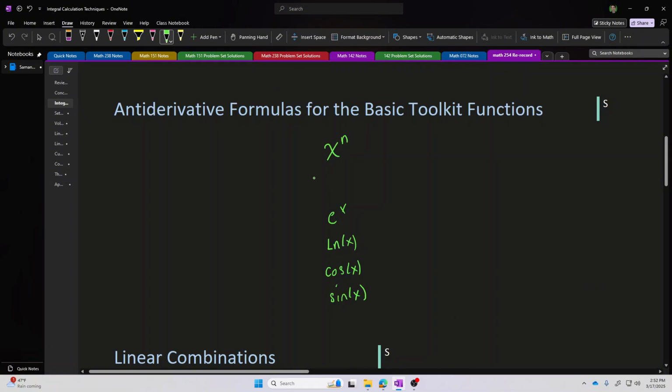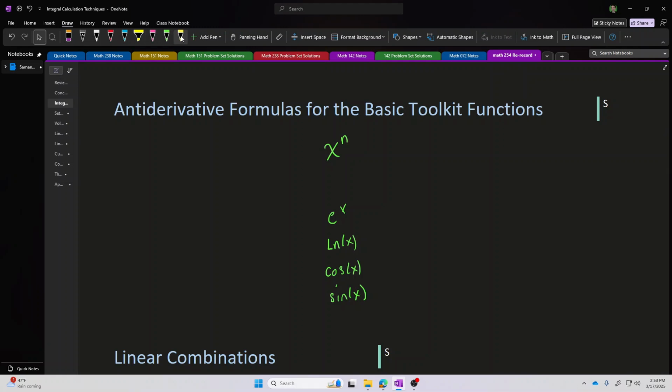And by combining these toolkit functions in various ways, either through addition or subtraction or constant multiples, multiplication, division, composition, inverse, etc., you could create pretty much any other function you wanted by combining these basic five. And so if we know the derivative rules for these basic five functions, then we can calculate derivatives for a large variety of other functions.